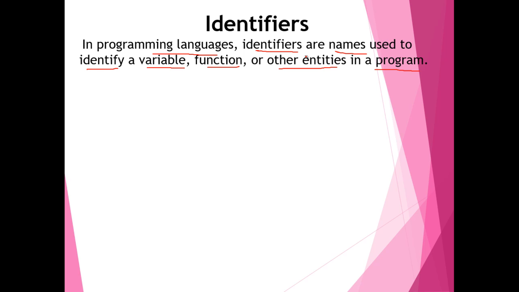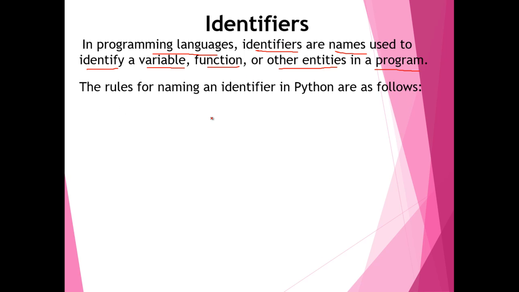The next point is that there are some rules for naming an identifier. Whenever we want to give an identifier name, we have to follow some rules. I can't give any name to the identifier. We have to give the name as per those rules.